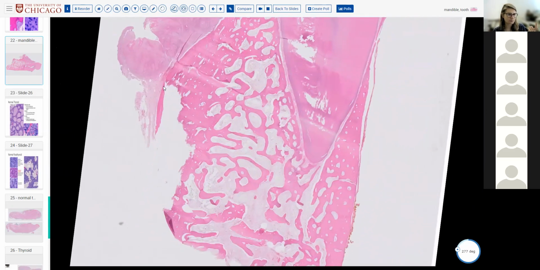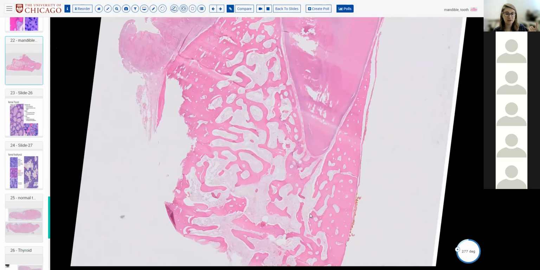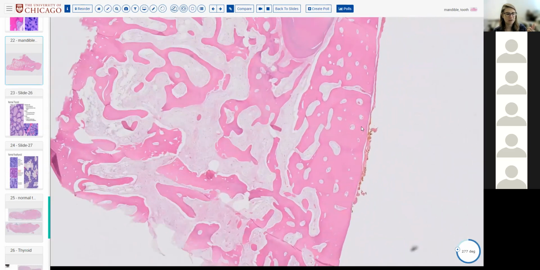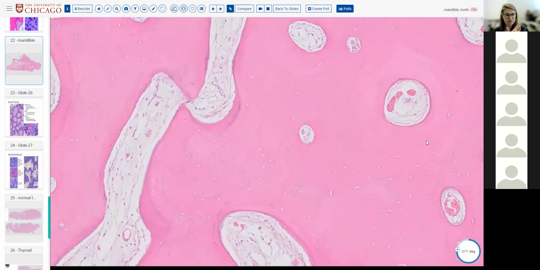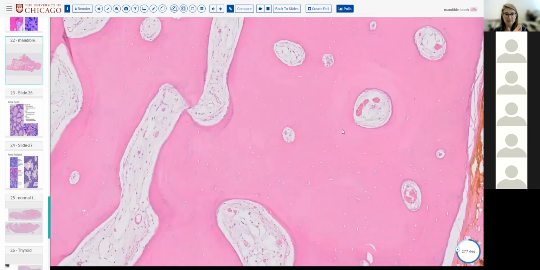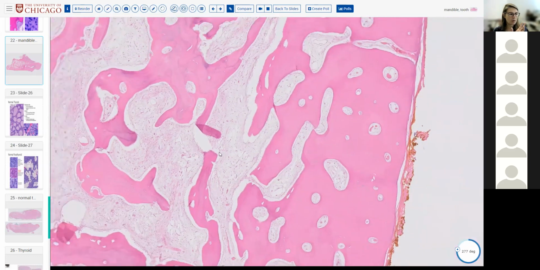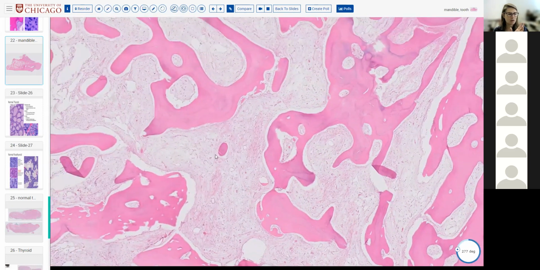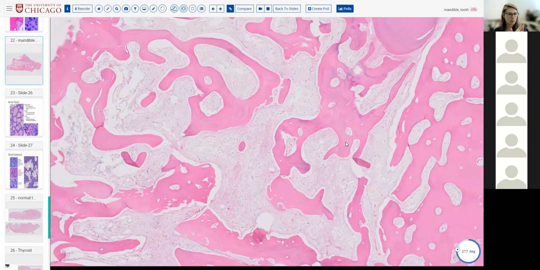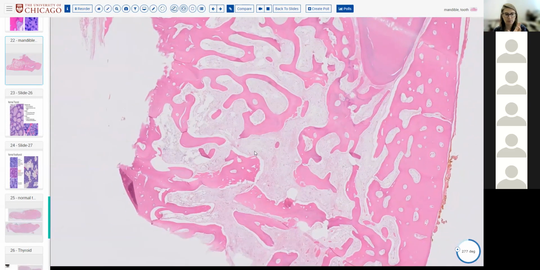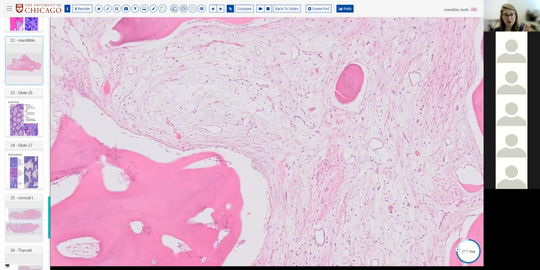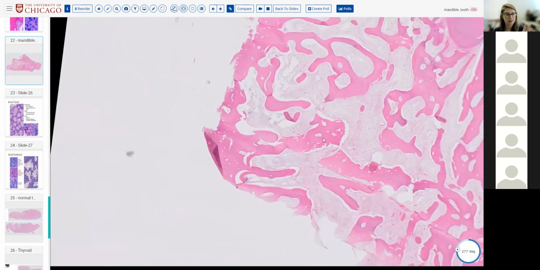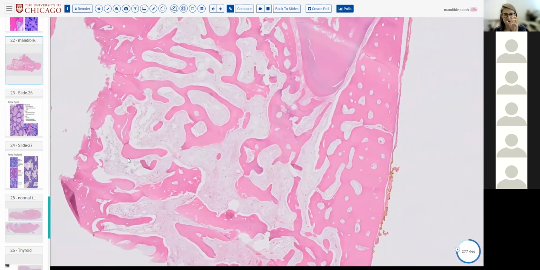We have our mandibular bone with the thicker cortex on one side with nice lamellar lines. We have our marrow space in the middle, which is thinner: thin cords of bone with much more intervening fibrous, fibrovascular, fibromyxoid tissue. So that's our marrow space.